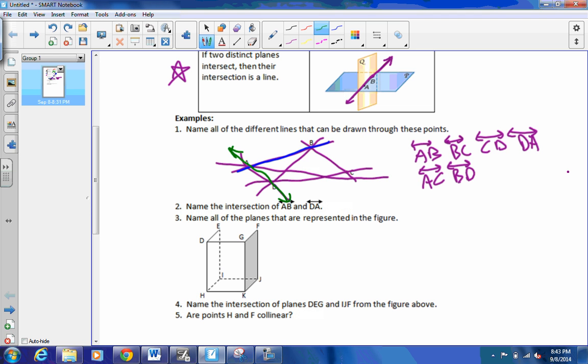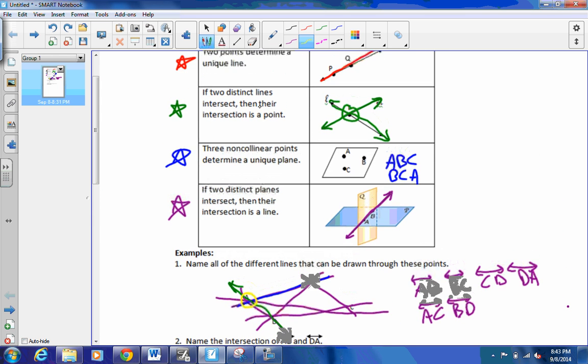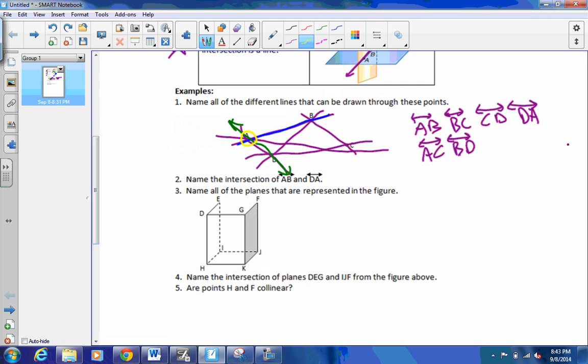But those intersect at this one unique point. Based on our postulate, we know that two distinct lines intersect at one distinct point, which would be, in this case, point A. So that is our answer. And again, points are represented by one capital letter.